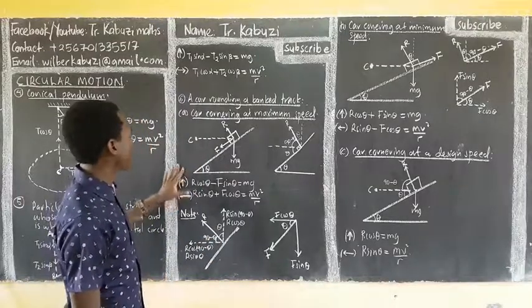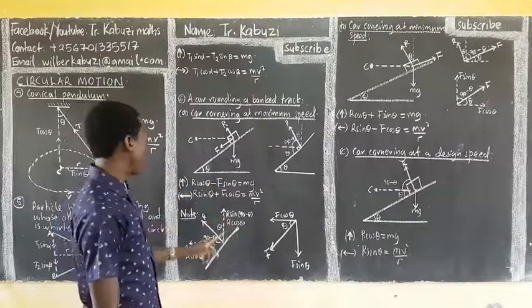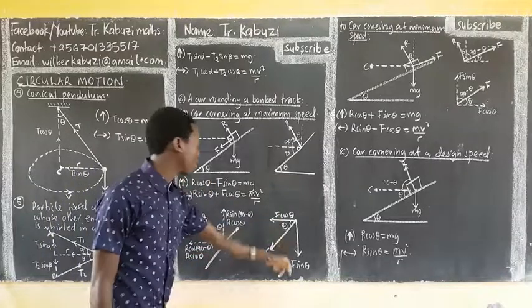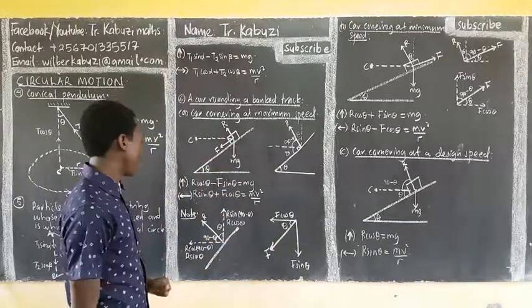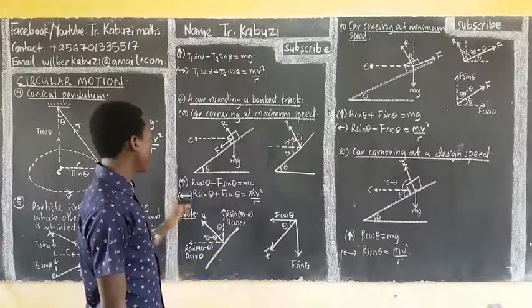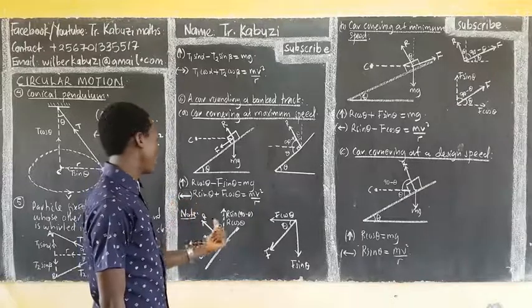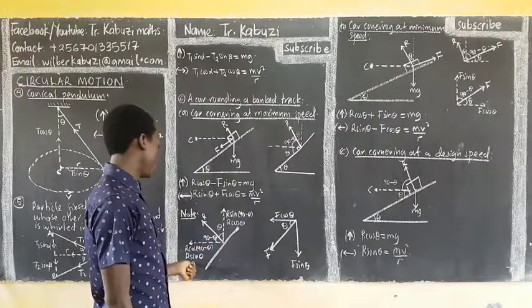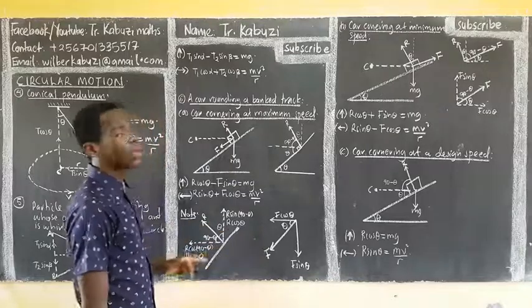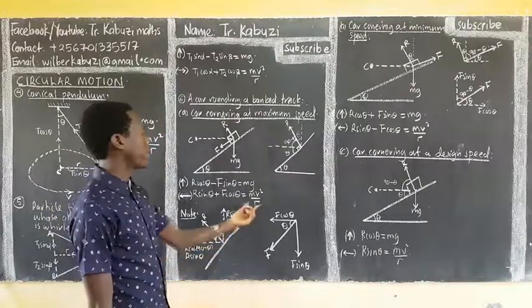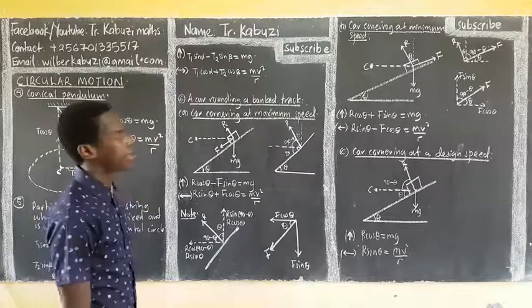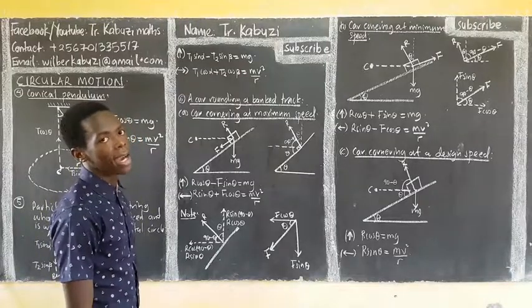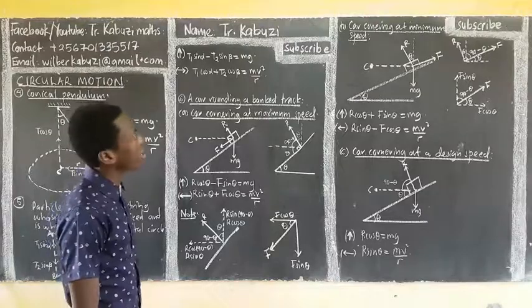So that's why when we resolve upwards, we have this. You see that this one is opposing, equal to anything upwards, it's equal to the weight of the particle. And resolving this side, now I think it's clear. When we are going this side, we have this plus this, but the horizontal component has to be equal to the centripetal force, because it's the only force acting horizontally.